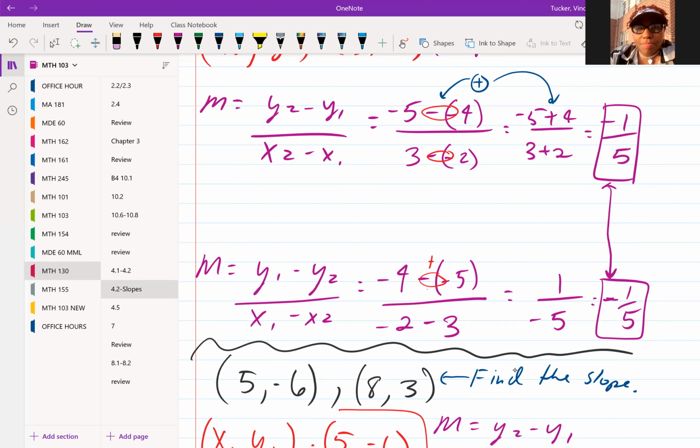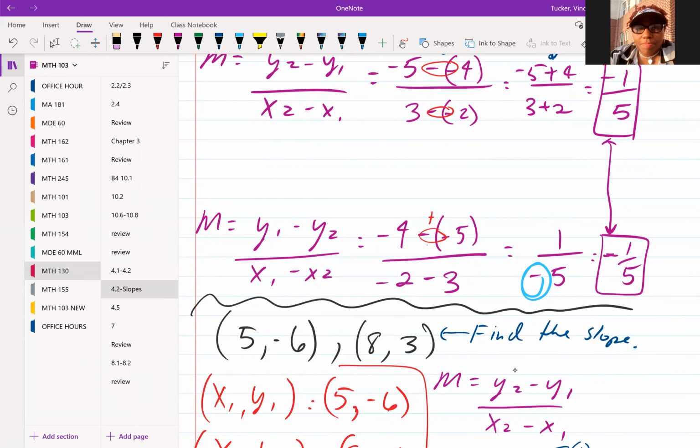Okay, Professor, so the two answers are the same. So in other words, it's not -1 over 5, it's -1/5. Yep. If the negative is at the top like that, either way it goes, the whole answer is going to be negative. Right.